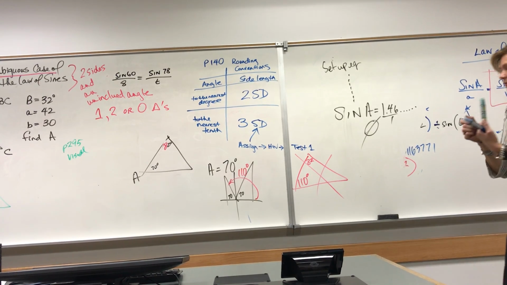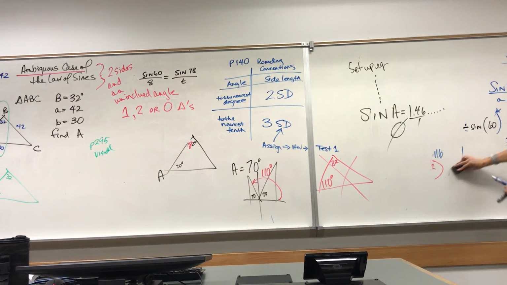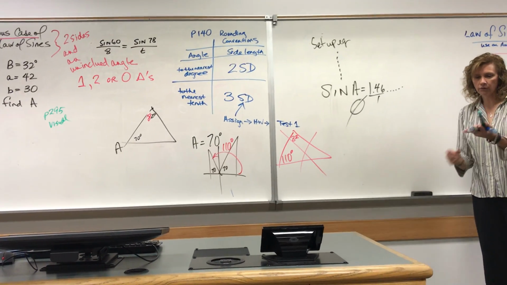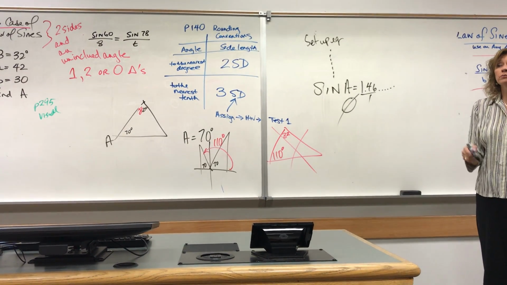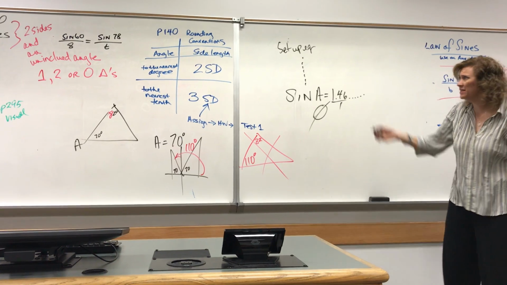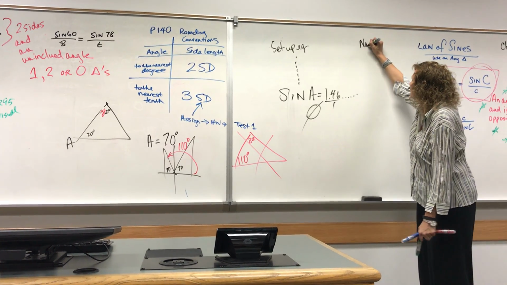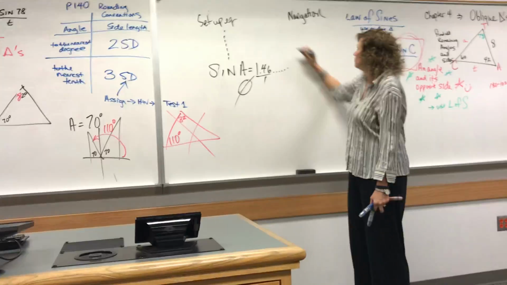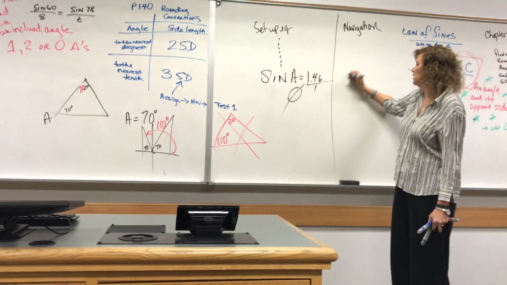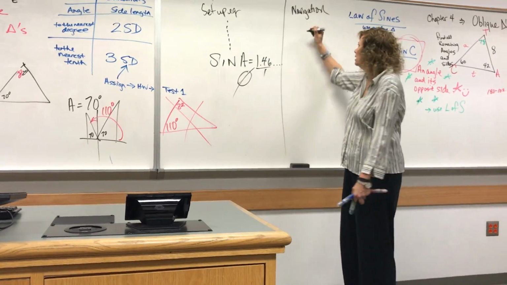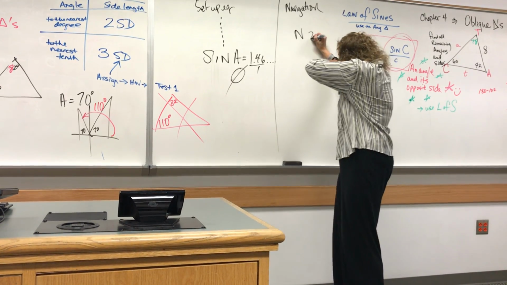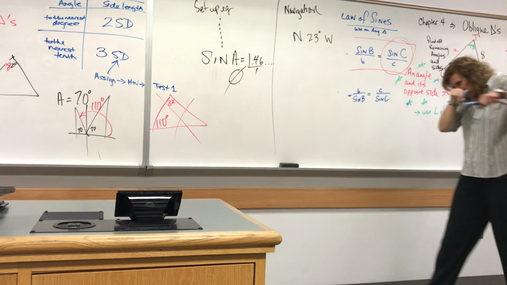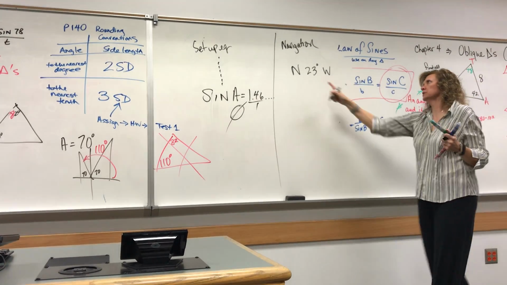All right, we are out of time. However, we're going to spend 60 seconds on this. Some of your word problems are going to have navigation in there. You're going to have north 23 degrees west.